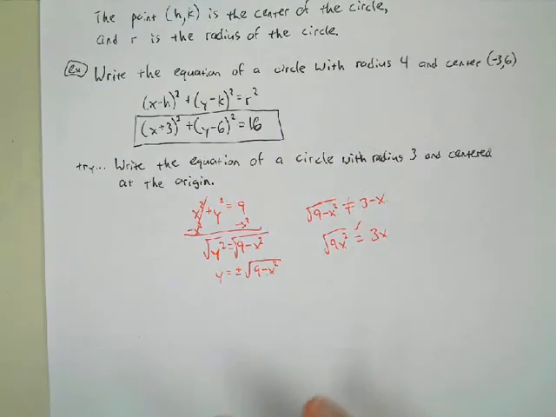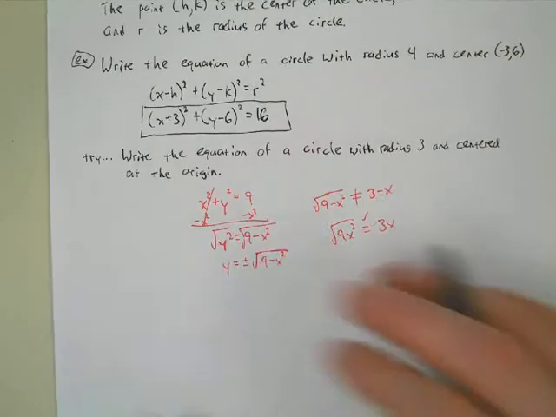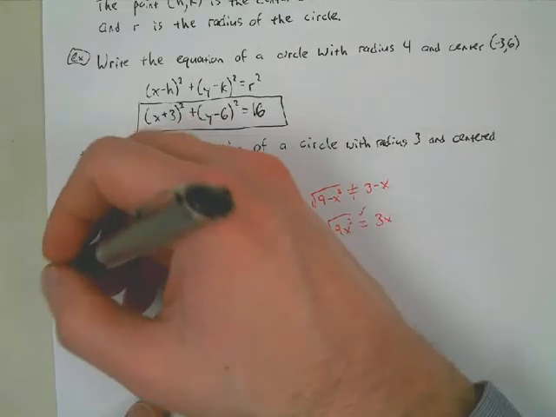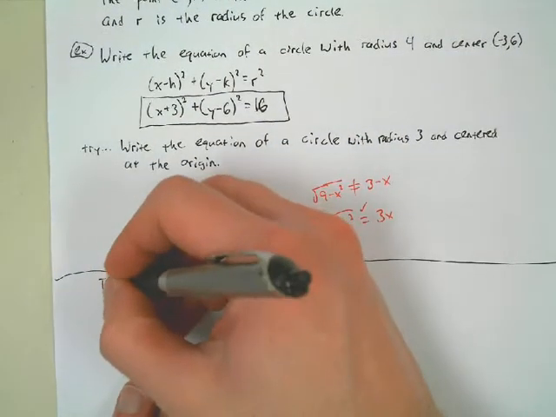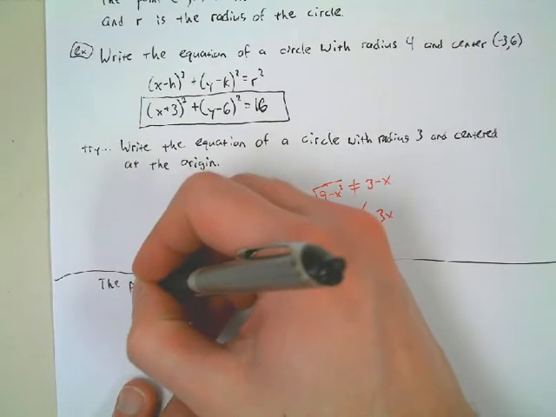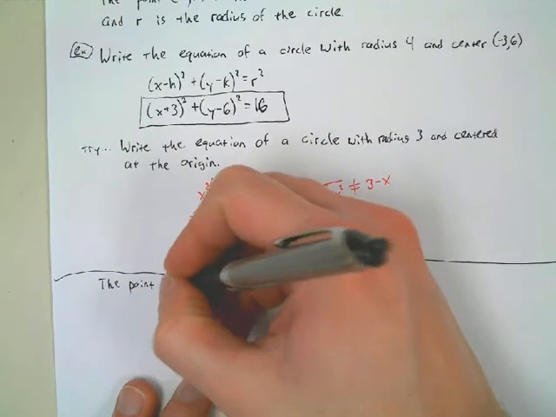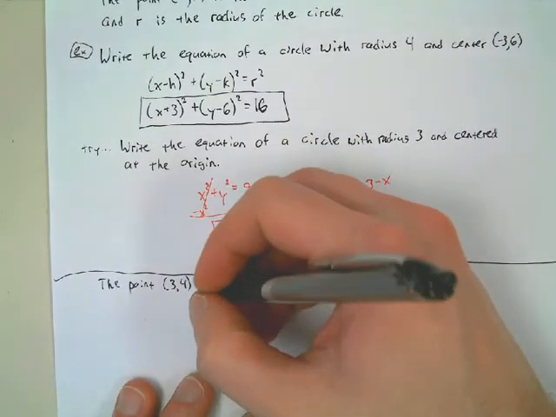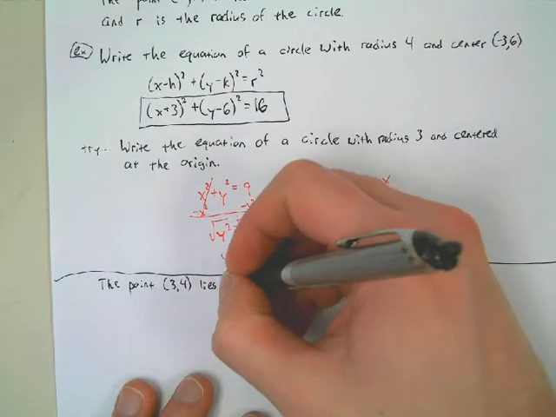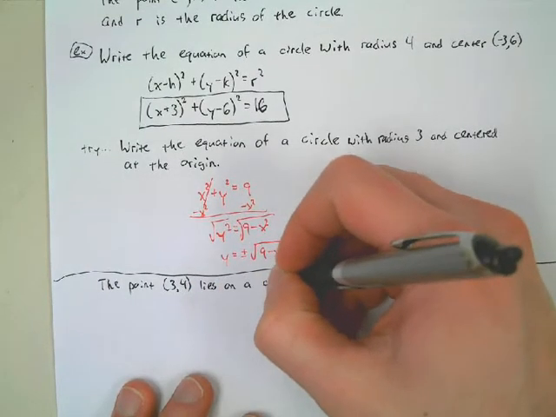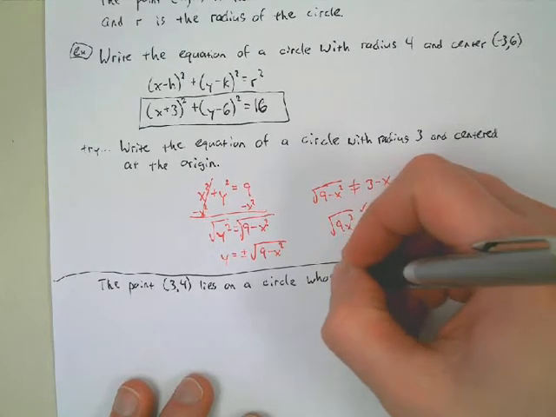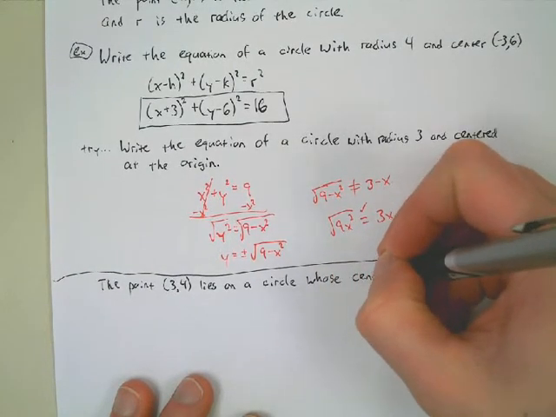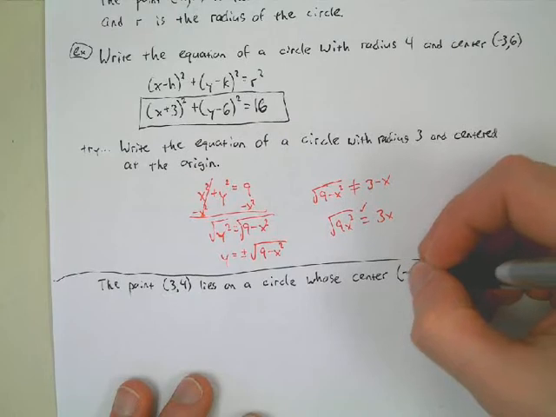So let's try something else, though. Okay, so now let's try another situation. All right, let's say the point 3, 4 lies on a circle whose center is -1, 2.